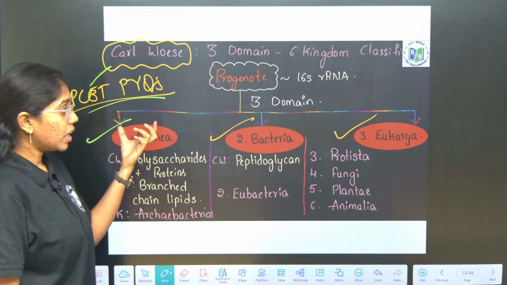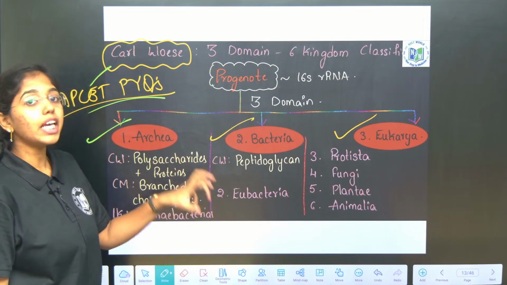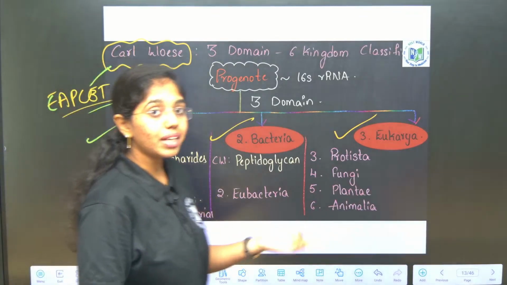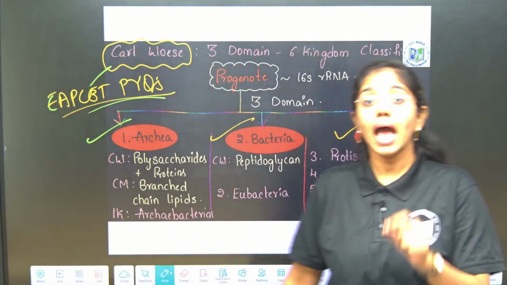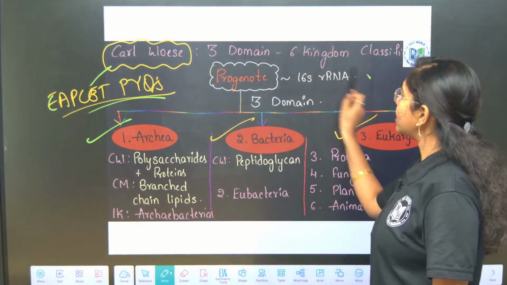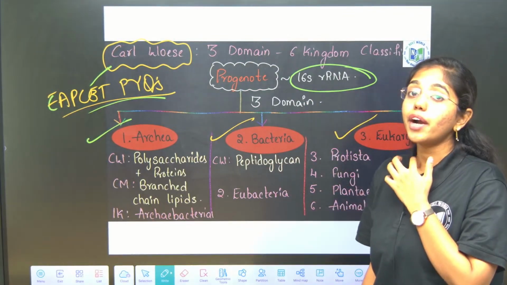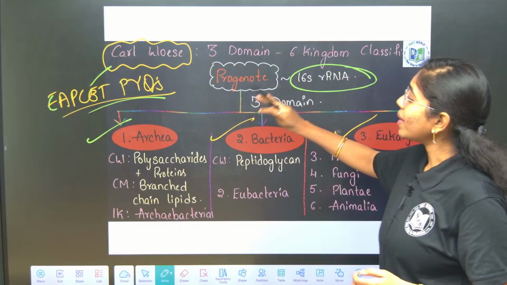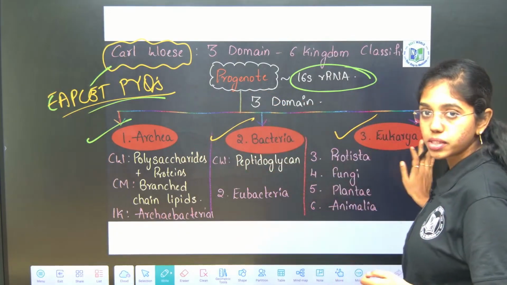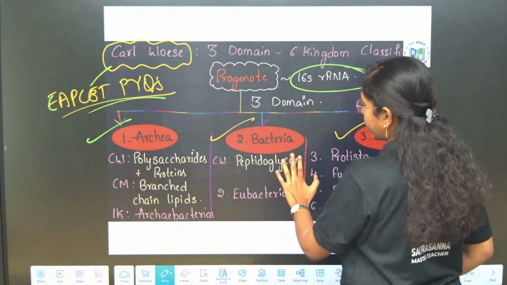The classification is mainly based on differences in cell wall composition, and purely on 16S rRNA. According to Carl Woese, there is a common ancestor for all three domains: archaea, bacteria and eukarya.